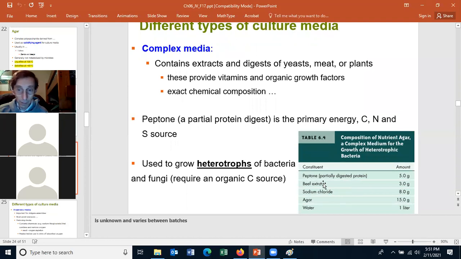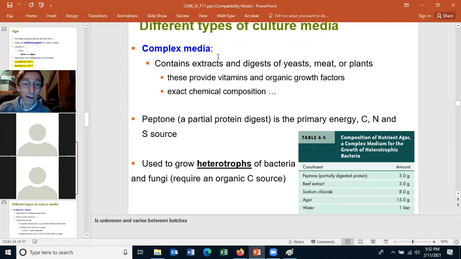It has peptone, a partially digested protein, beef extract, to grind up the cow and add 3 grams to 1 liter, sodium chloride, agar, and that's all we're adding. But the beef extract, as well as potentially the peptone, will have many different molecules contaminating it. The beef extract will have whatever the cow was eating, and that would be different for a cow in Washington as compared to a cow in Alabama, because obviously there are different plants in Washington and Alabama.